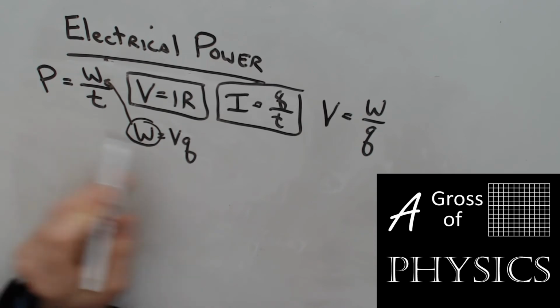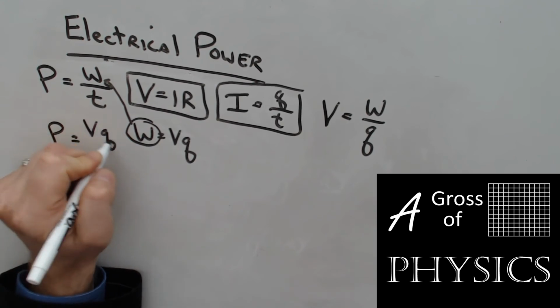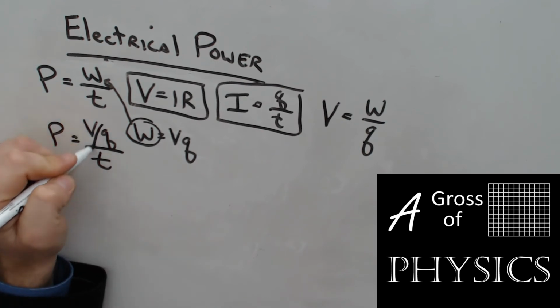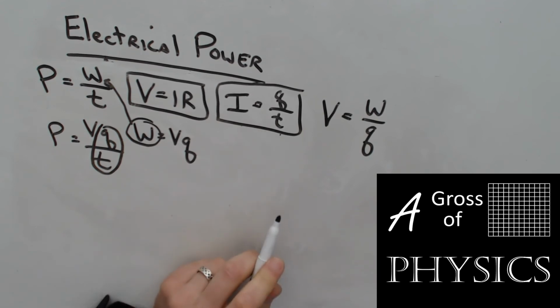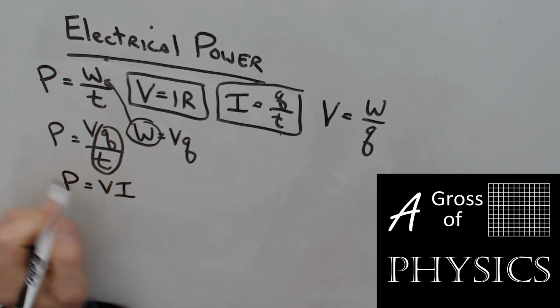If I do that, my equation for power becomes VQ over T. Well, that equation right there can further be simplified because Q over T, if we remember right here, is I. And this becomes P equals VI. So our equation for electrical power is voltage times current.